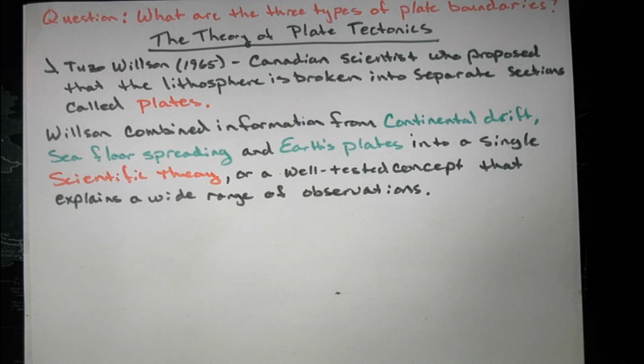Usually you don't call something a theory until there's a lot of extensive testing and a lot of confirmation that goes into it. So the theory of gravity is held just as strongly as the theory of relativity, which is held just as strongly as the theory of climate change.